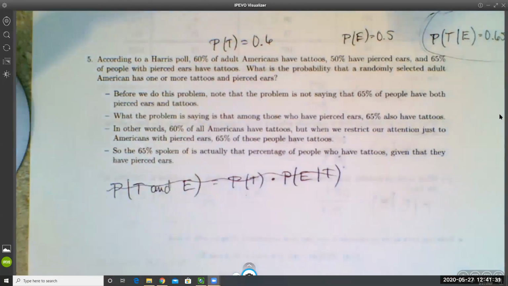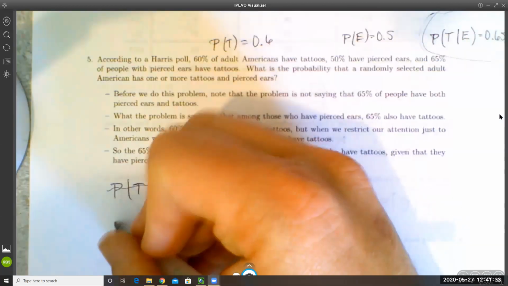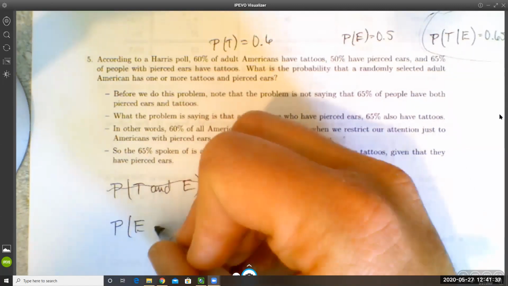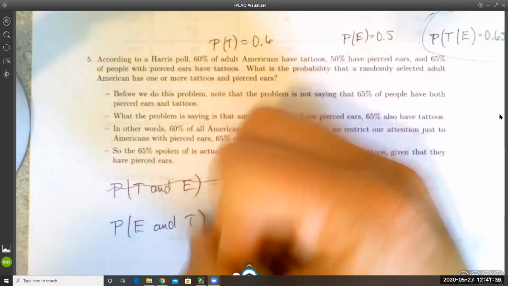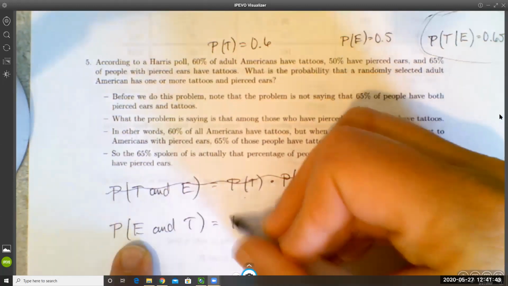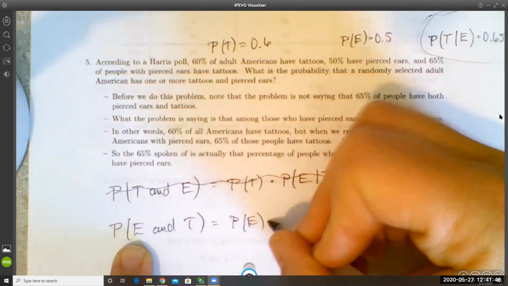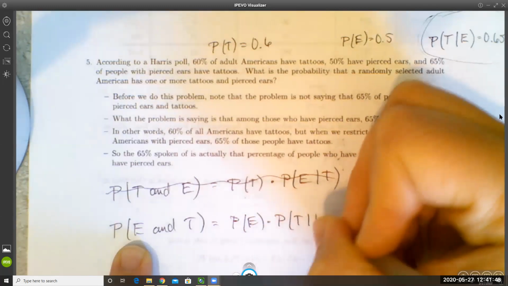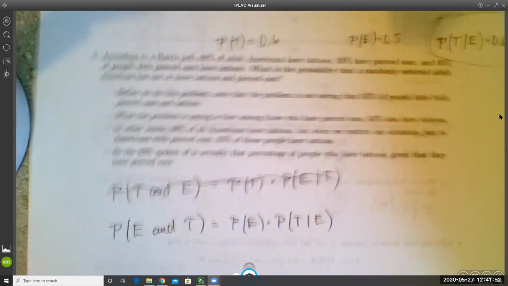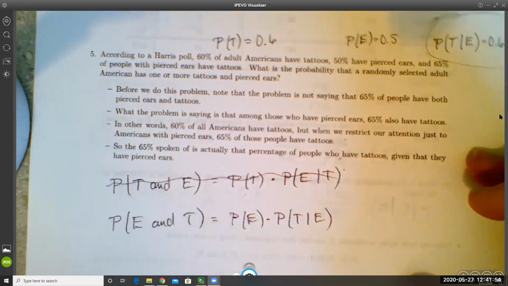Fortunately, as we said on the previous page, there's another formula we can use. Probability of T and E is the same thing as probability of E and T. So if I change my perspective a little bit, this is going to be probability of E times probability of T given E. Okay, and I have both of those pieces of information, right?